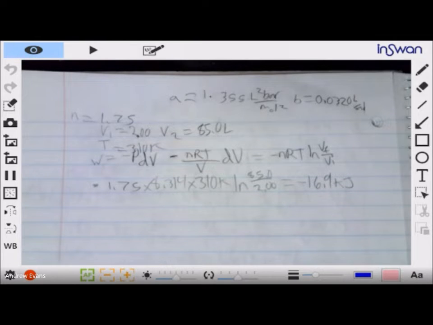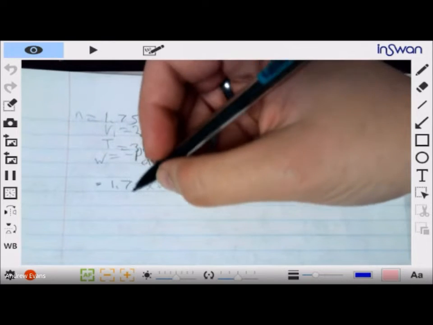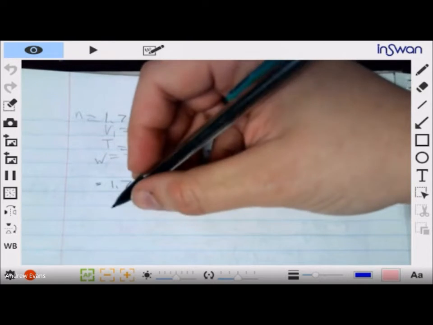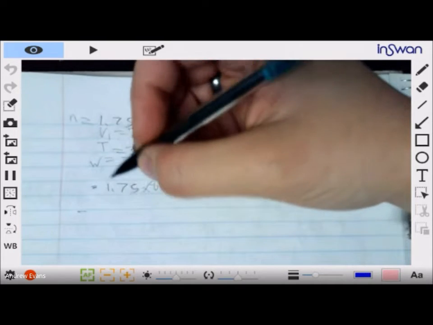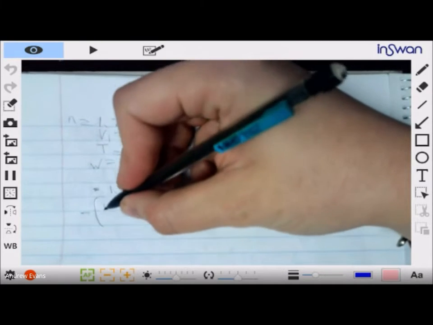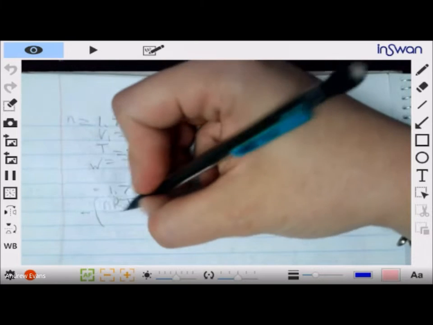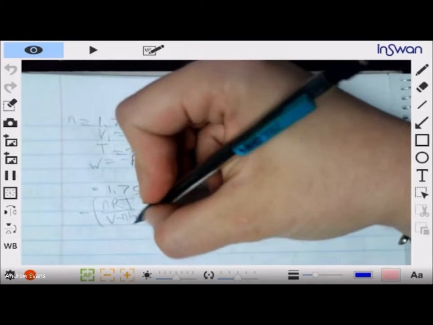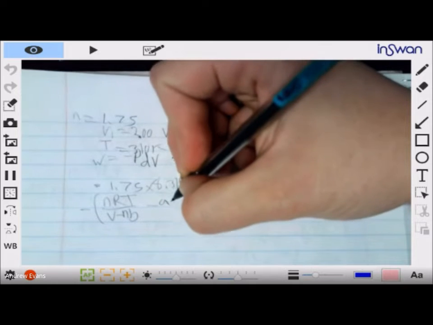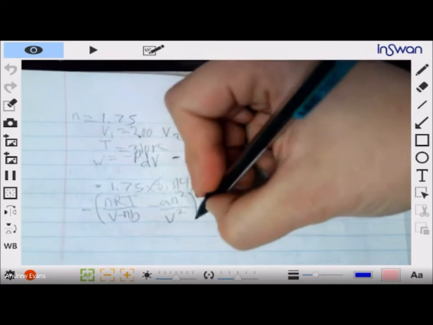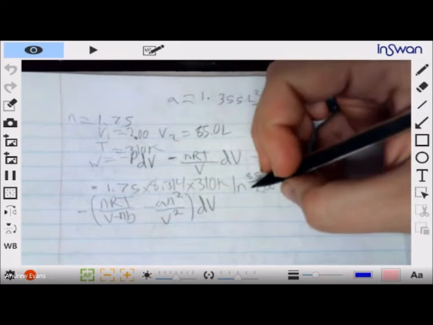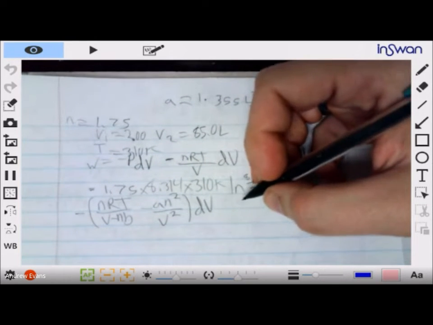Now, in the case of a non-ideal gas, this term instead goes to negative nRT over V minus nb minus a n squared over V squared dV. And so the integral becomes a little bit trickier.